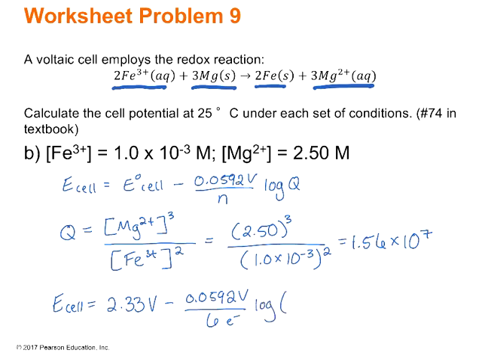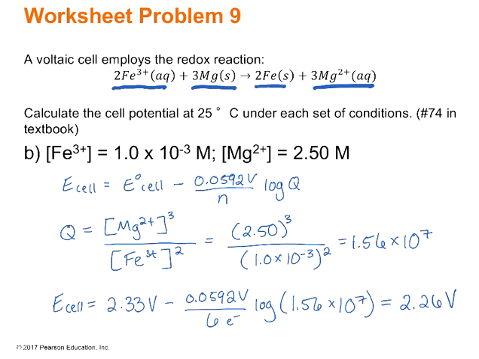And then we're going to take the log of 1.56 times 10 to the 7th. All right, so I'm going to check my answer that I got earlier. I'm just going step by step. Okay, so 2.33 minus that. All right, so I got a value of 2.26 volts.